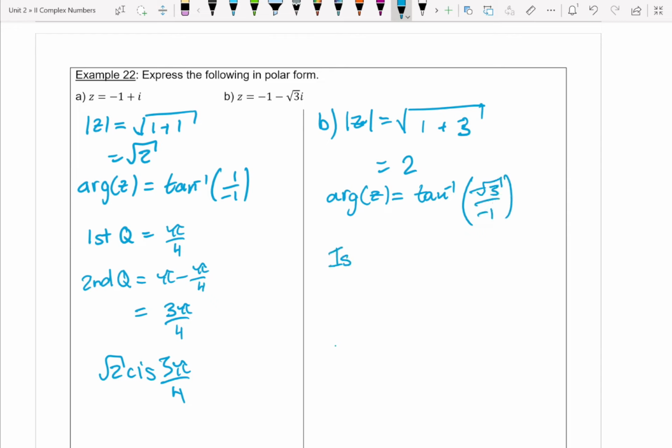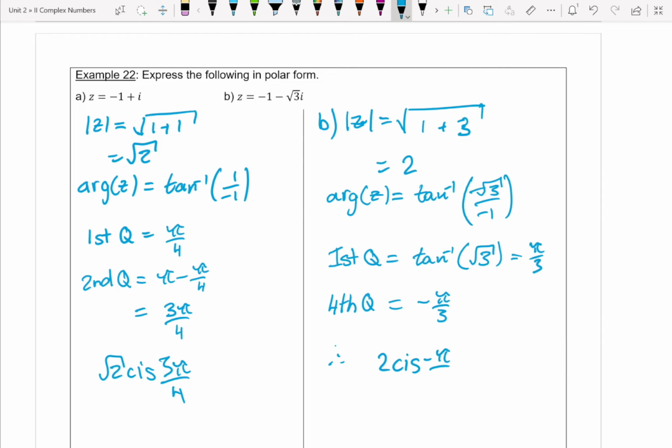So our first quadrant solution is tan inverse of just root 3, which gives us pi on 3. But because we've got negative real and negative imaginary, we actually want the third quadrant, which means we want negative pi on 3. So therefore, r cis theta is going to be 2 cis negative pi on 3.